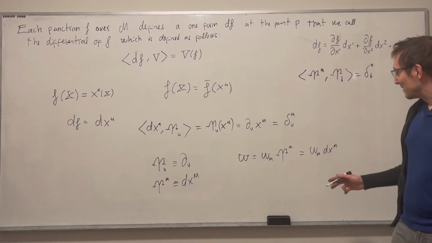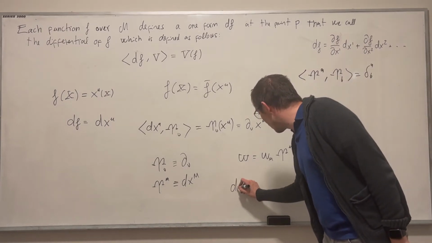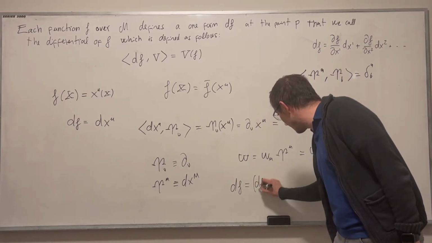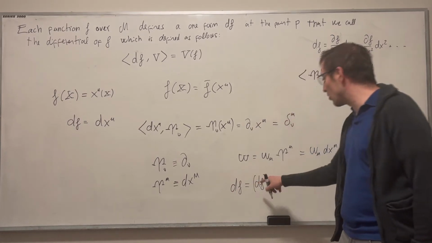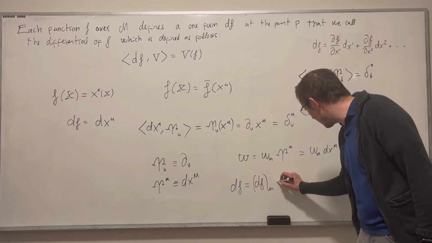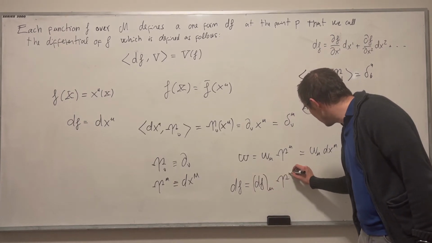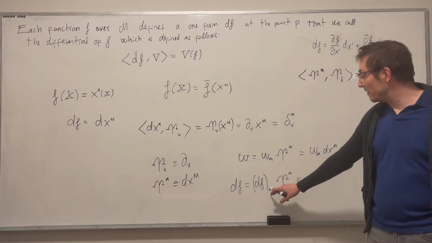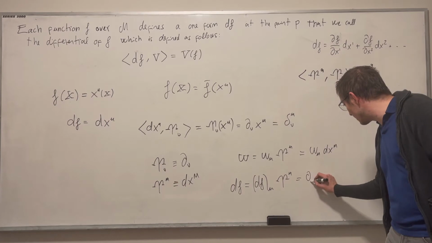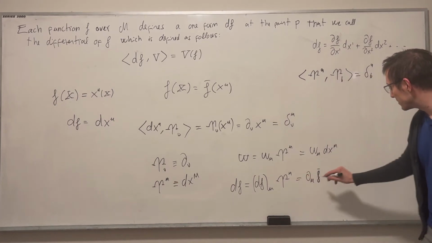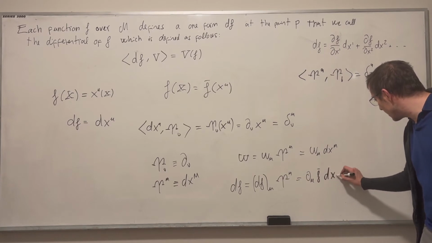So that means that certainly the differential of a function is going to be equal to the components in a coordinate basis, the components of the differential of a function, contracted with the ε^μ. And we already computed what these components were: the partial derivative with respect to μ of f bar, and then these ones are the dx^μ.